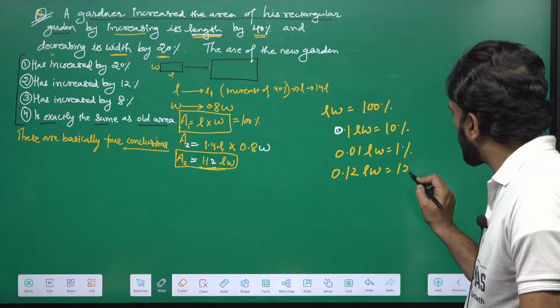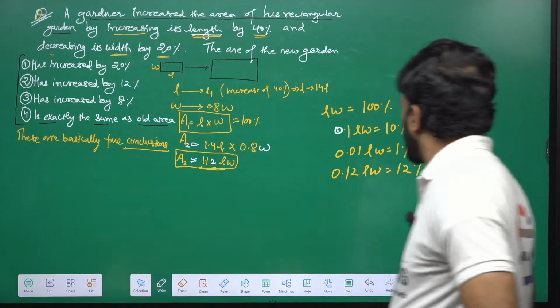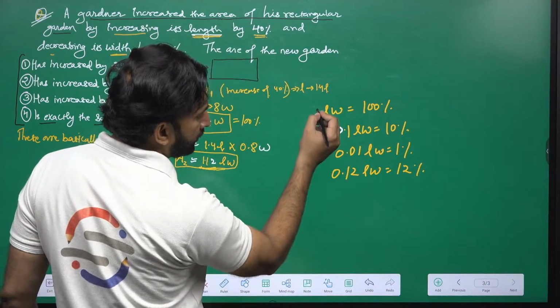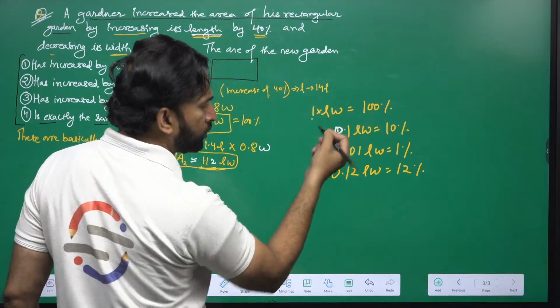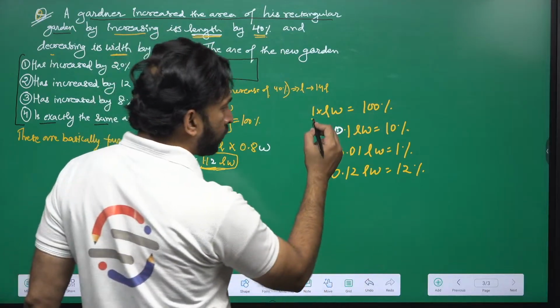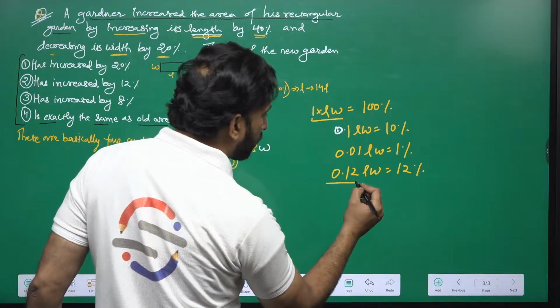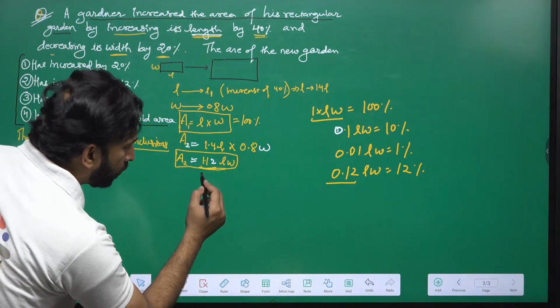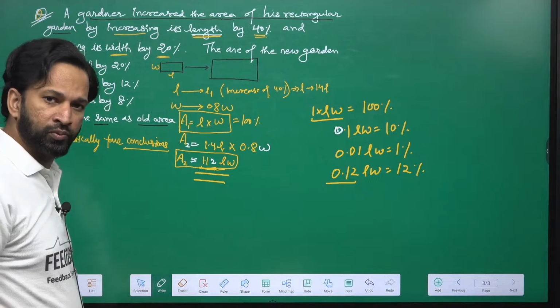This is 12%. Now this is 1. Multiply 1 into LW is equal to LW only. So 1 LW plus 0.12 LW is equal to 1.12 LW.